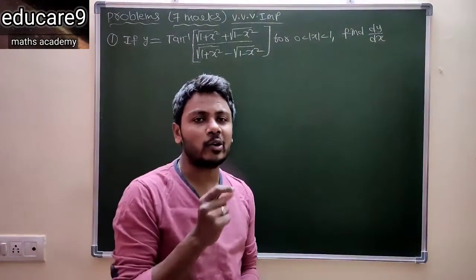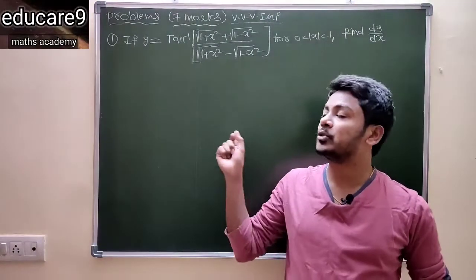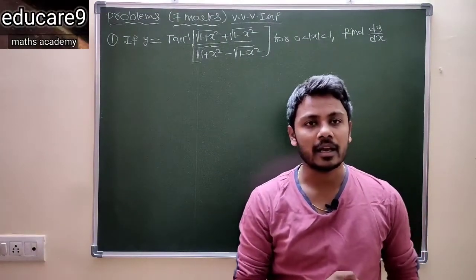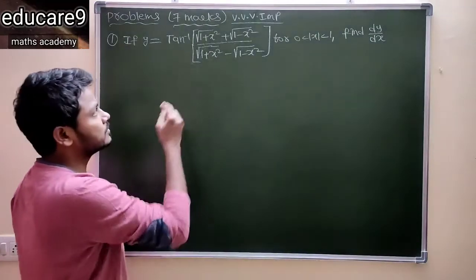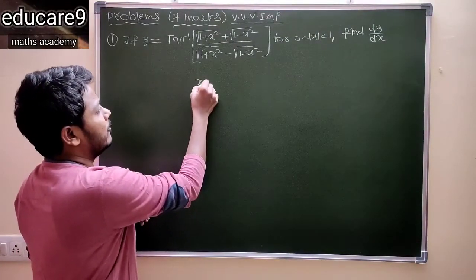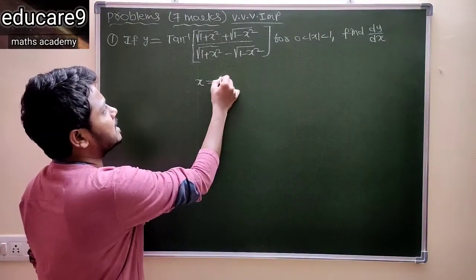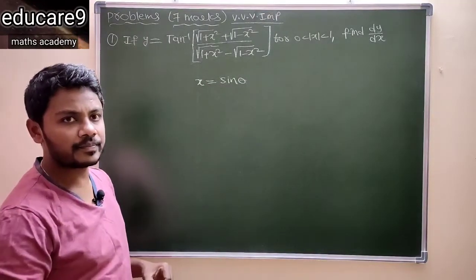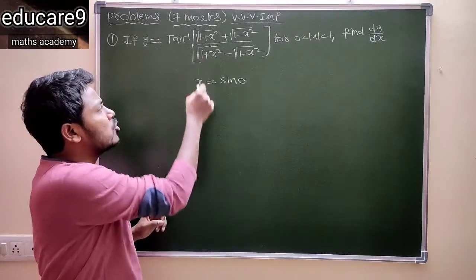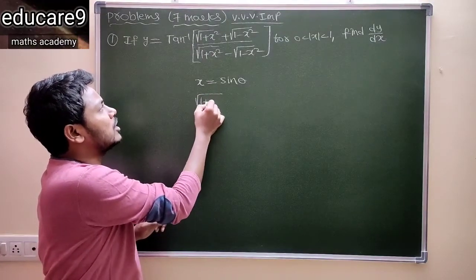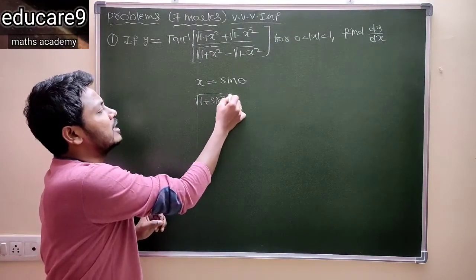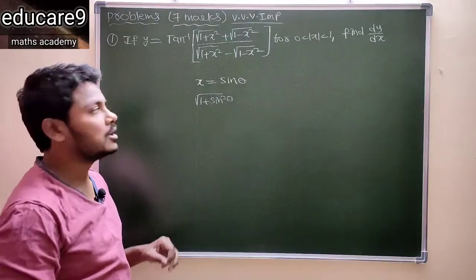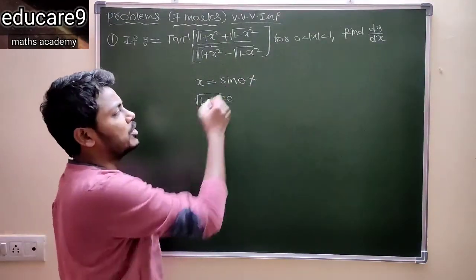Here we have to use the substitution method. For example, if you substitute x equal to sin theta, there is no formula for square root of 1 plus sin square theta, so sin theta is not possible.